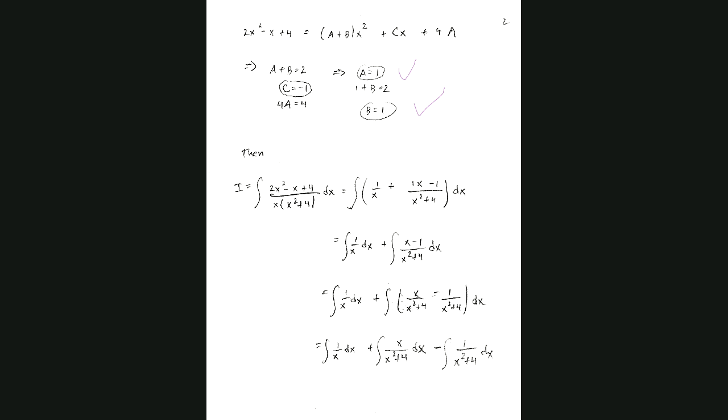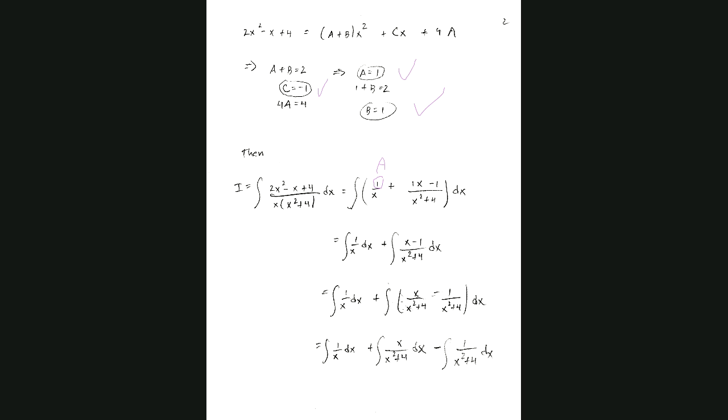And so this allowed us to get to the step that we got to here, where the integral of the rational function equals the integral of 1 over x, that 1 was the A that we found, plus the integral of (x minus 1) over x squared plus 4.